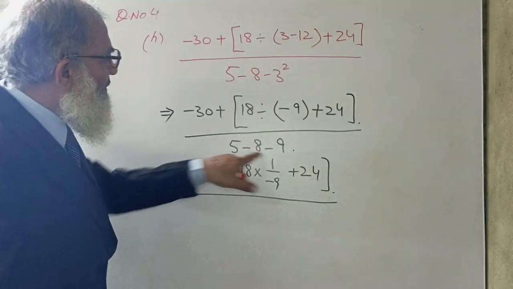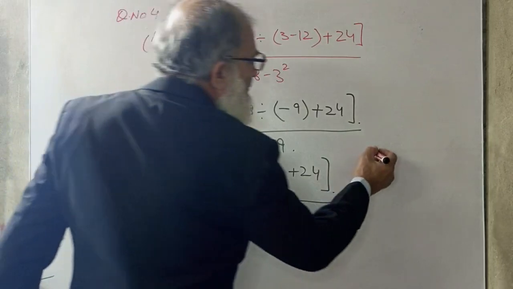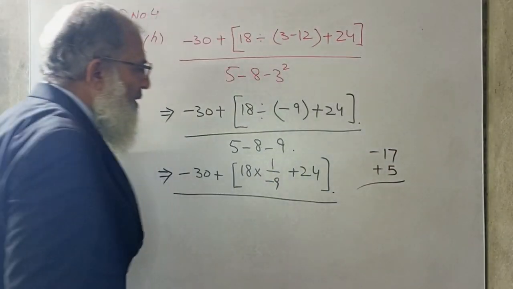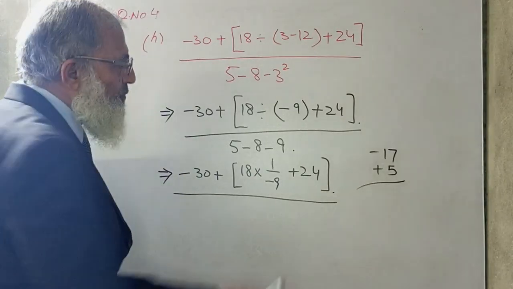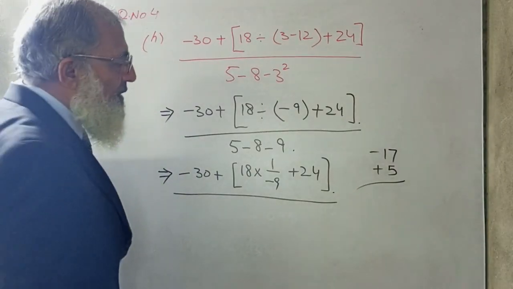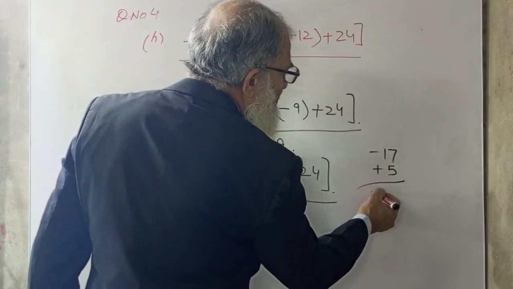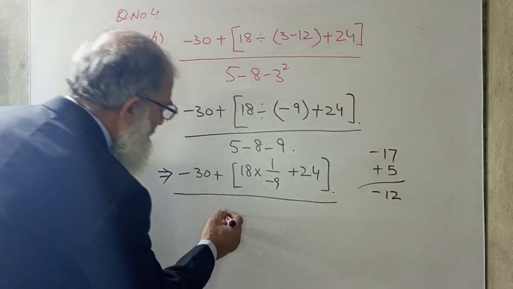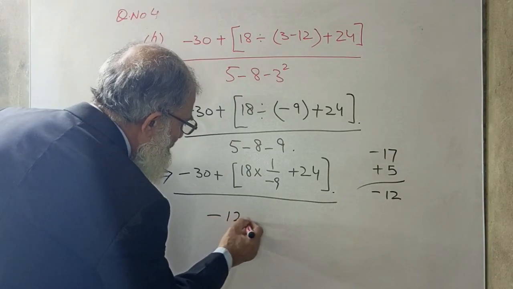So this is minus 17 and plus 5. I told you in one of my lectures how to solve this. So it will become minus 12.